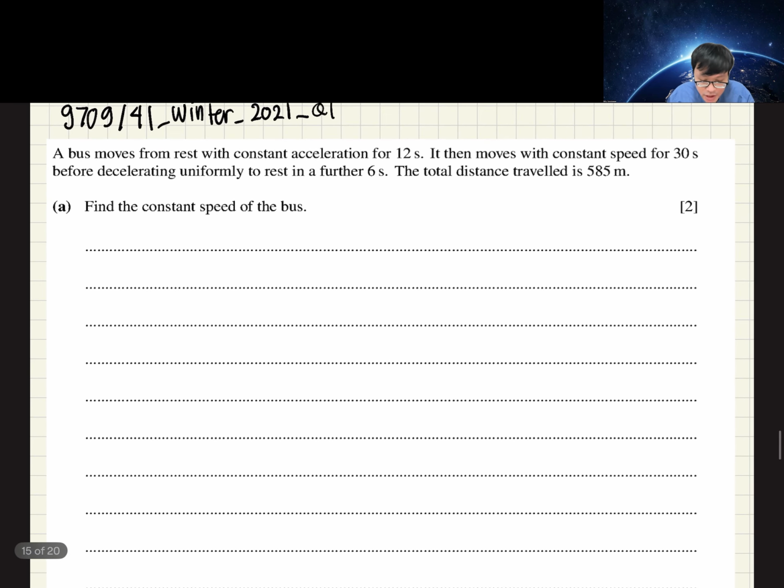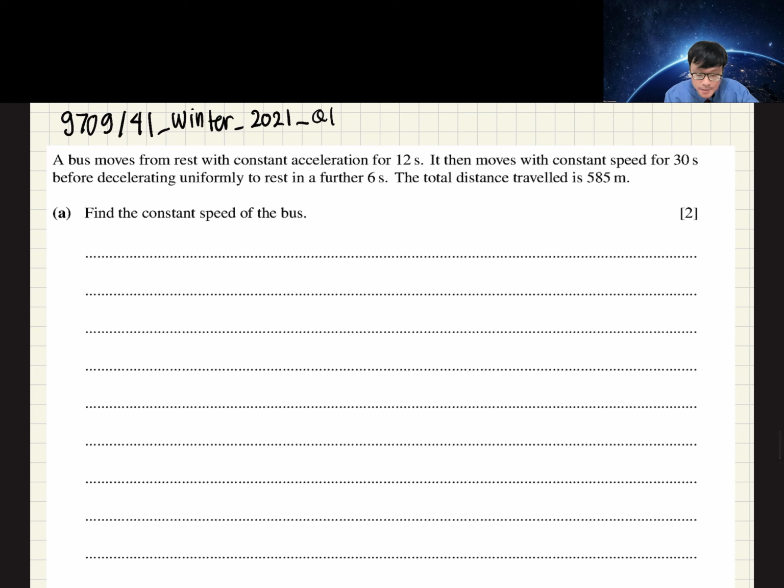The last question here is, this does not specifically say that it is a motion graph problem, but this is in general. But I want to show you that we can sometimes use the motion graph method instead of SUVAT to solve problems, and it's way easier. So let's take a look at this question.